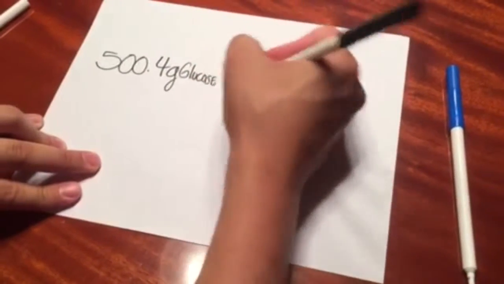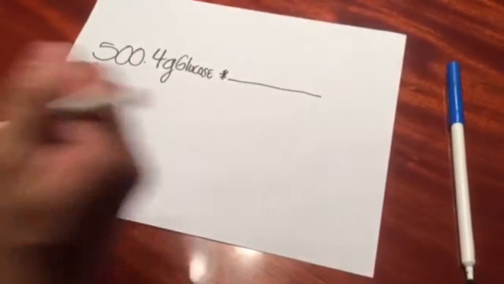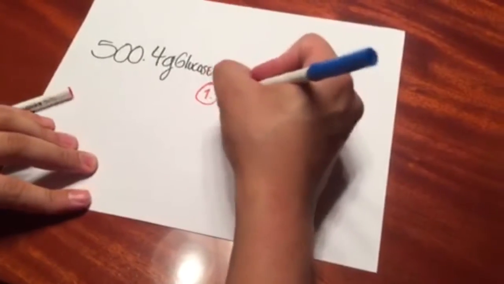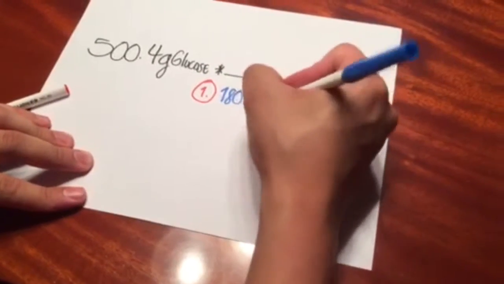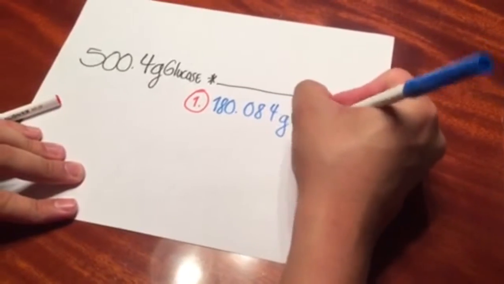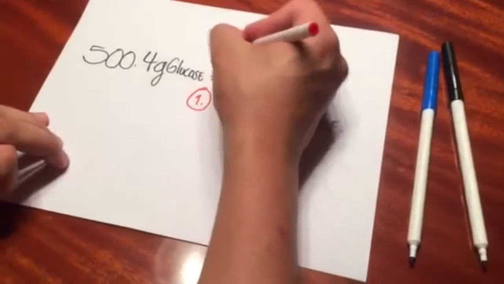We have to eliminate glucose, so we take number 1, that would be 180.084 grams of glucose, and that will give us the number 2.